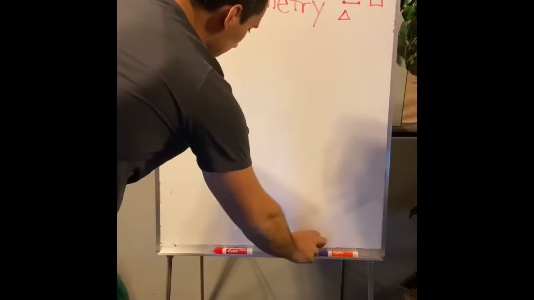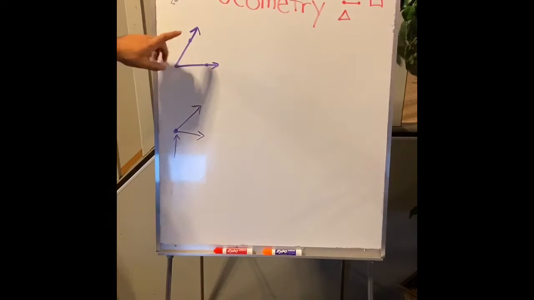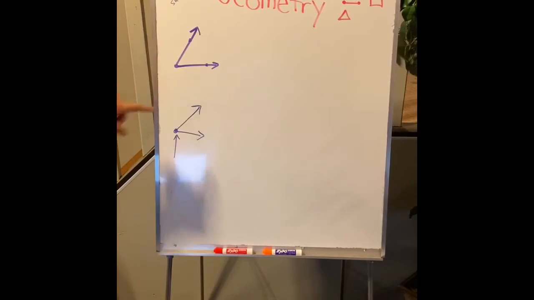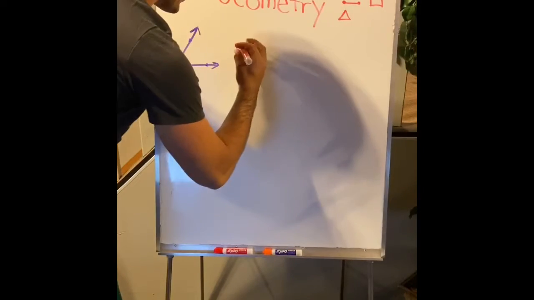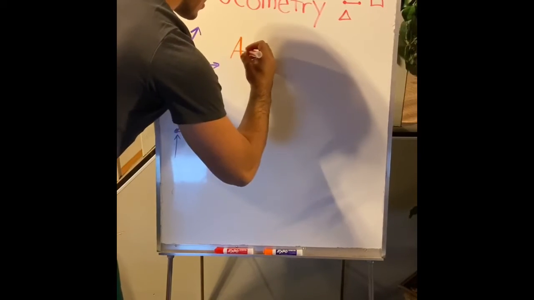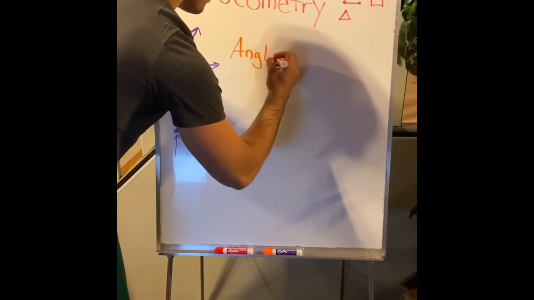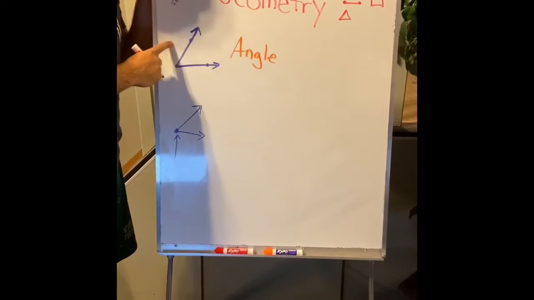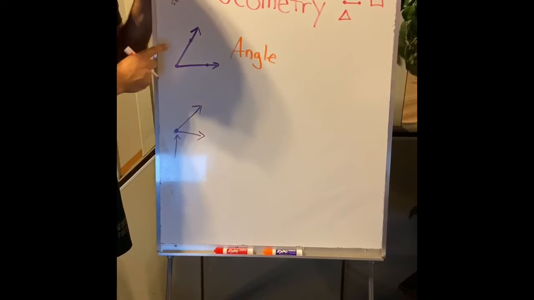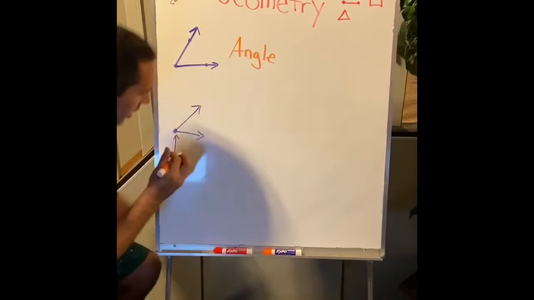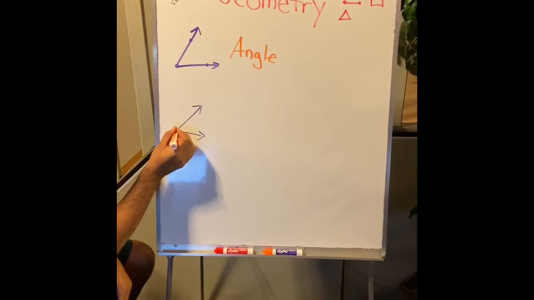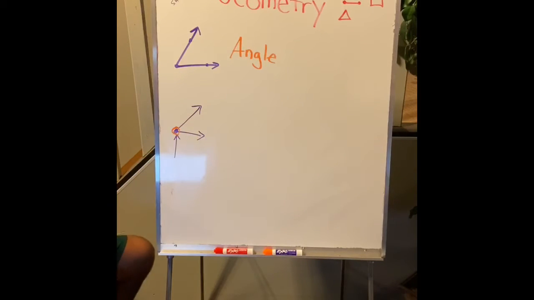All right, the next 2 we're going to go over is this right here. Can anyone tell me what this is? This is an angle. Now there are different types of angles which we're going to get into on Thursday. Our next one is, what is this pointing to? This is pointing to this specific point on an angle.